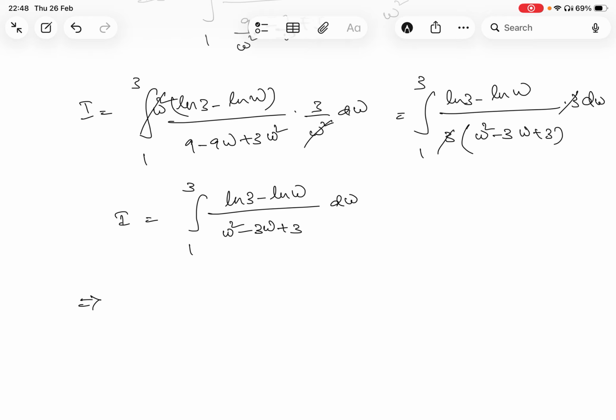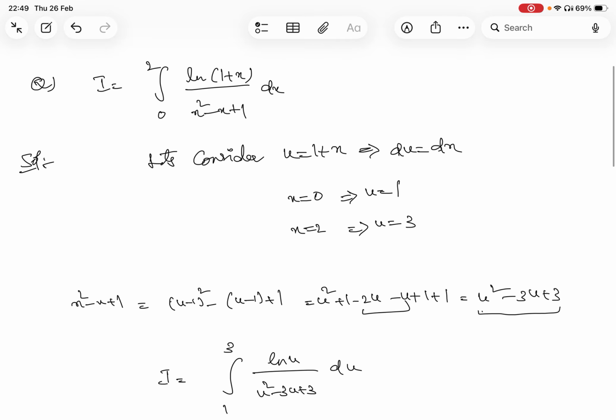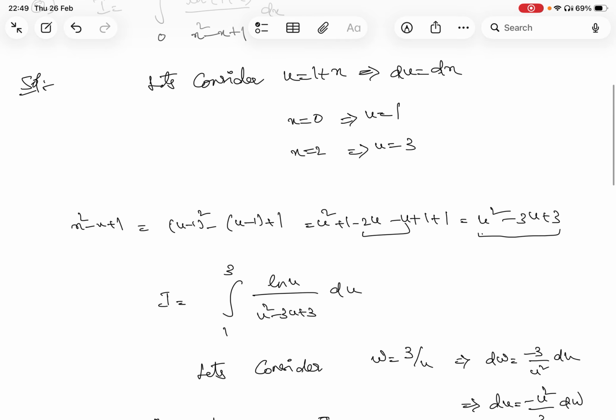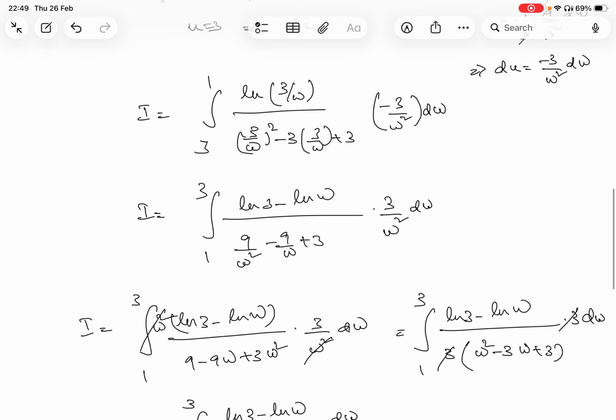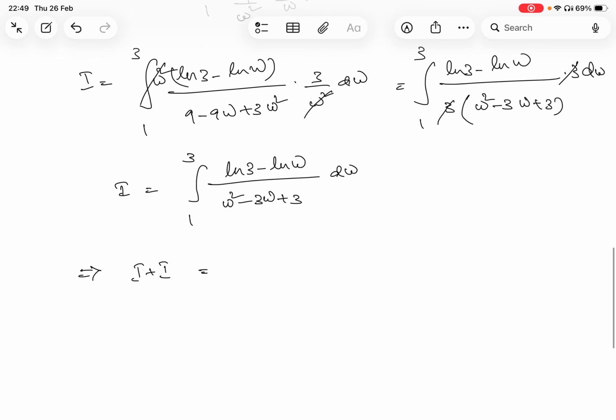Let's write it down here: I plus I. Now you can write this as I, that is ln u by u² − 3u + 3.